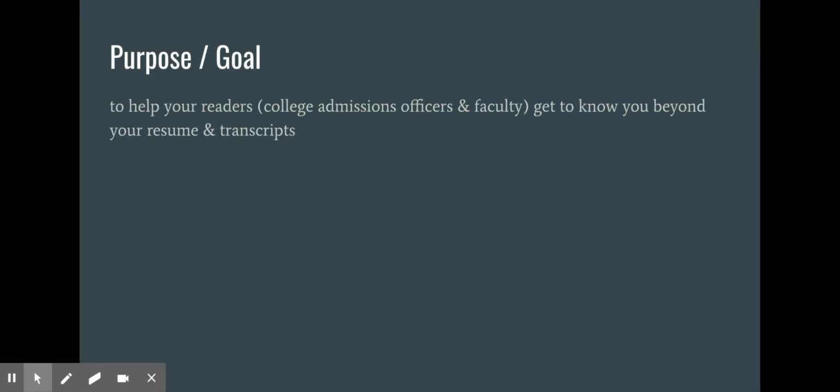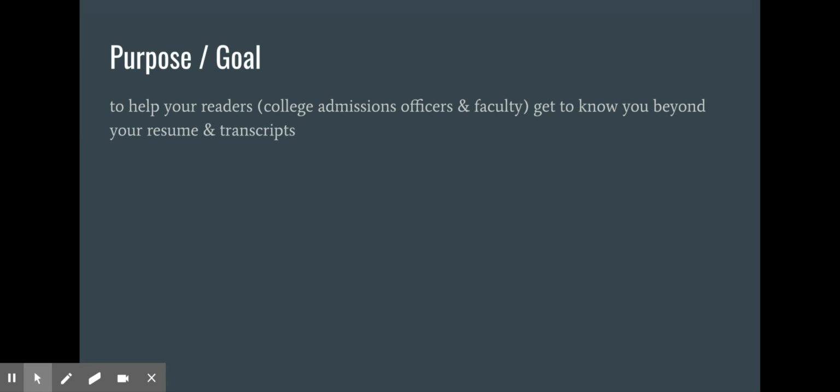And here's the thing: unlike an academic essay that you might write for class, the main purpose of a college application essay isn't to demonstrate what you know. And it's not even really to demonstrate how you write. At least that's not its main purpose. Now, college admissions advisors who read your essay or faculty that read your essay, they will undoubtedly be looking at the quality of your writing, but they're not English teachers and they're not reading it like an English teacher.